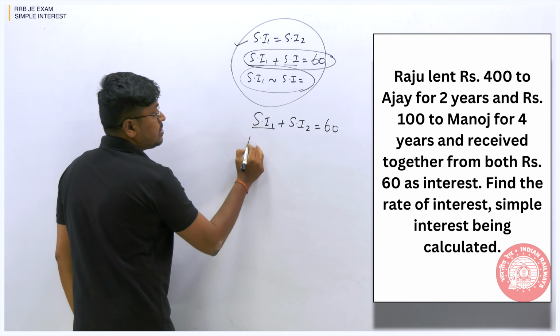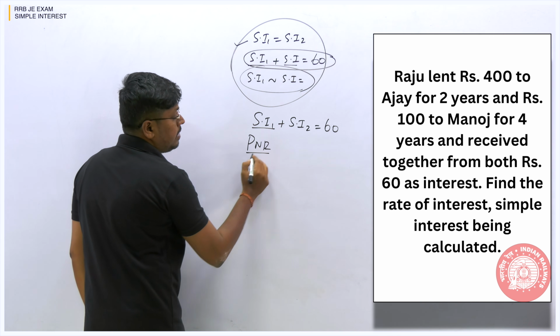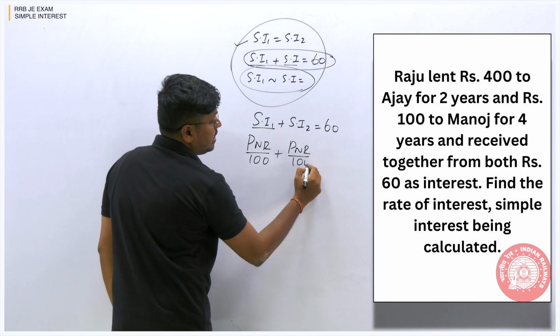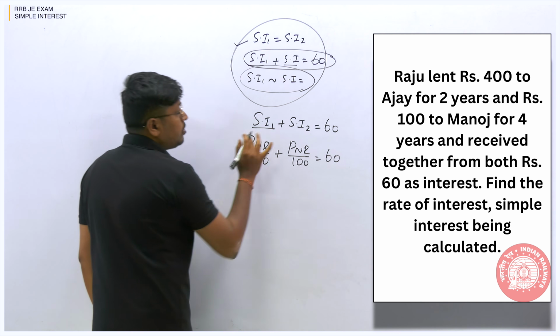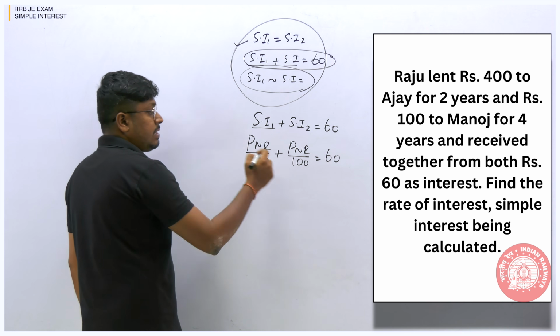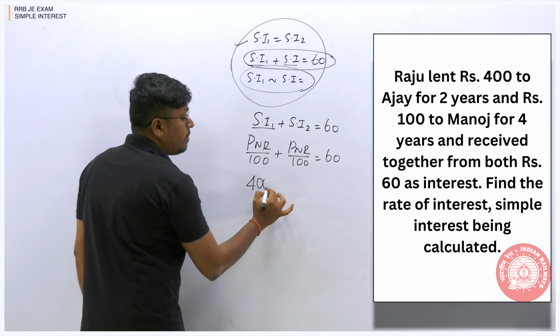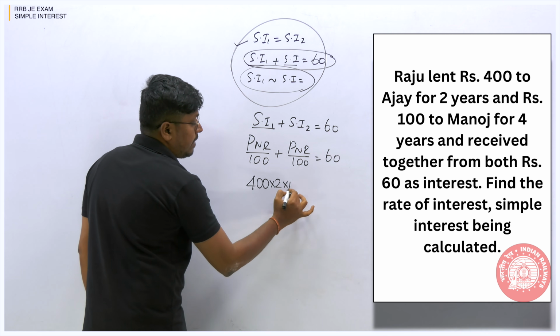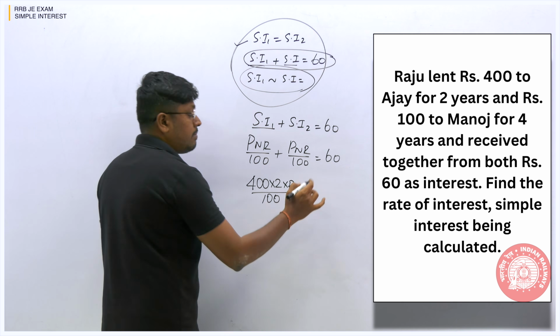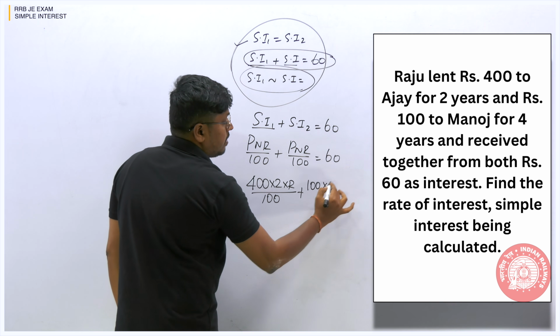What about simple interest 1? PNR by 100. Similarly PNR by 100 equals 60, right? What about the principal? For the first person, Ajay, they have given 400 rupees, and for 2 years. We have to find the rate of interest here. Similarly for the second person, Manoj, they are giving 100 rupees for 4 years.